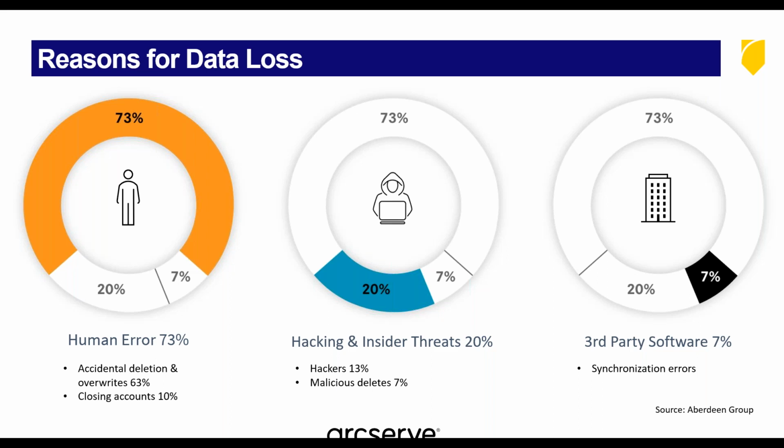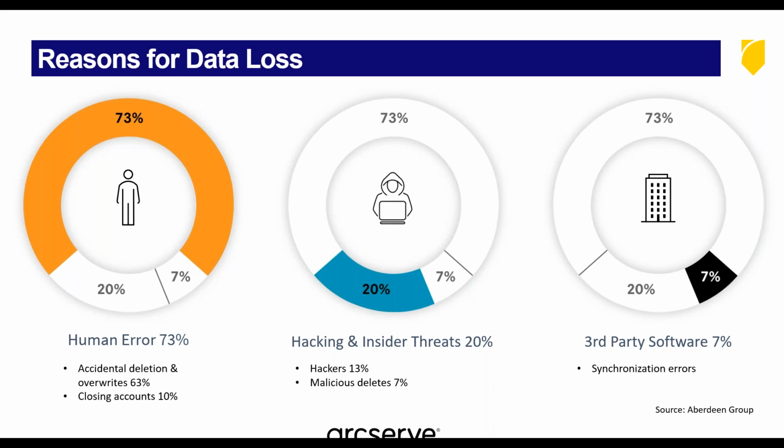It's not the provider platform. We ourselves accidentally overwrite the data, as I mentioned earlier, or the administrator accidentally closes off the user account, your email account, for example. There are also threats from hackers and insiders, and these make up 20% of the data losses.